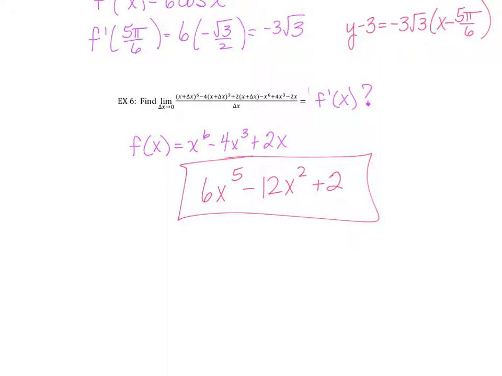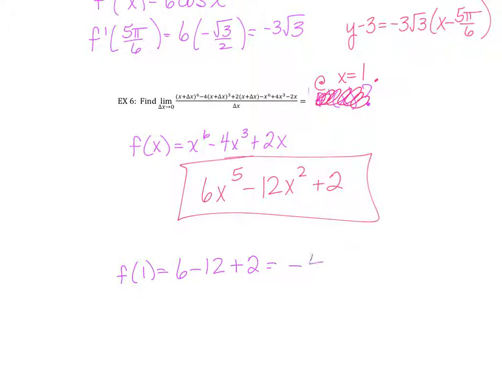well, let me erase that right now. They'll say, find the limit of this at x equals 1. They'll put the x kind of at the side. In other words, find the derivative at x equals 1. So if I would have changed the question to add that in, you certainly find that derivative, then you actually put in 1 for your x, and my answer would be a number.